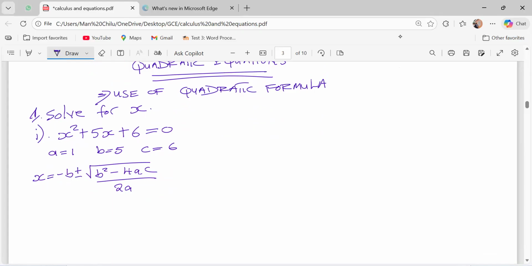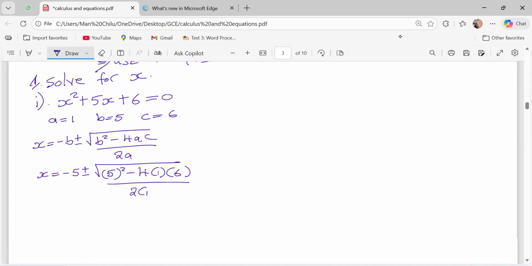So x will be equal to, the value of b is 5, so that's negative 5, positive or negative, square root of 5 squared minus 4 times 1 times c, which is 6, over 2 times 1.